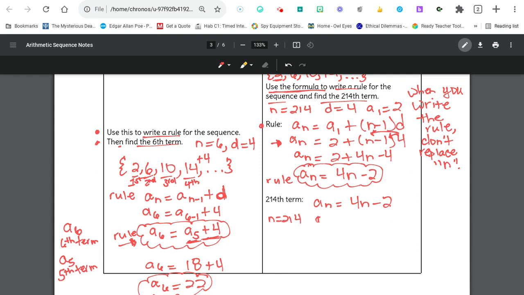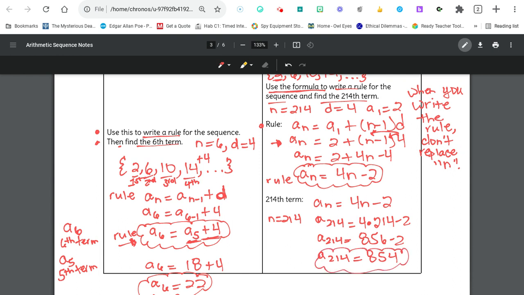Now is when you replace n with 214. So the 214th term is equal to 4 times 214 minus 2. 214 times 4 equals 856, minus 2. So the 214th term is 854.